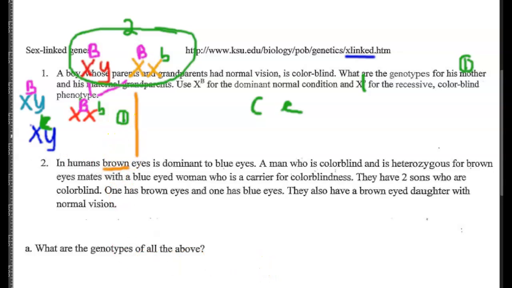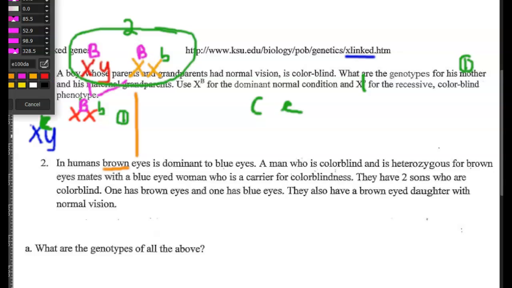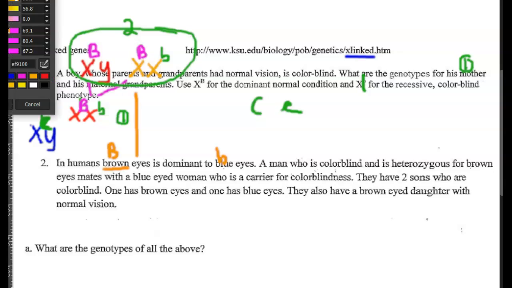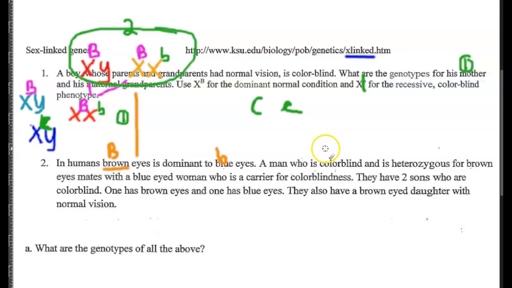So brown. So we'll keep our big B's for them, little B's here. Colorblind.